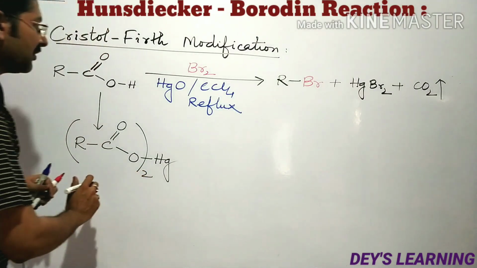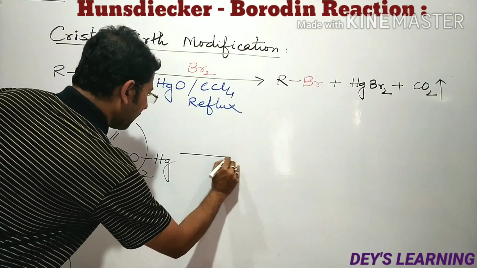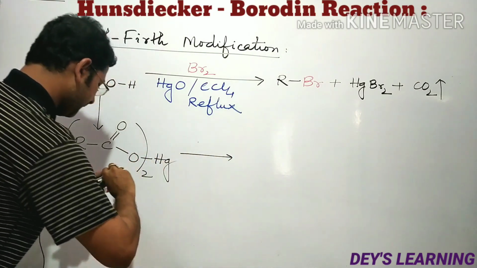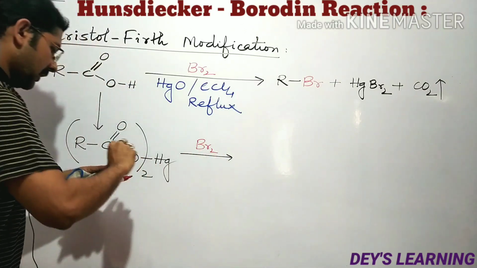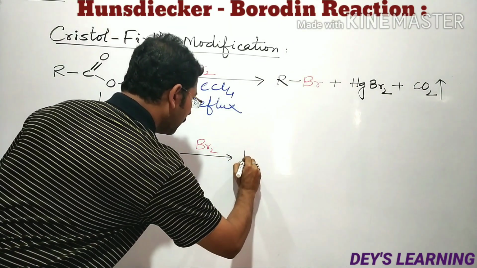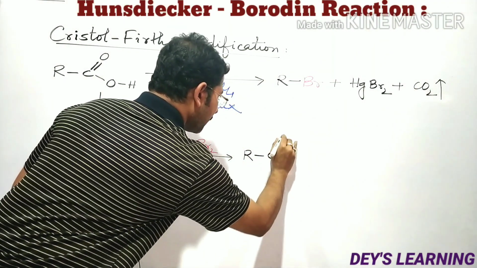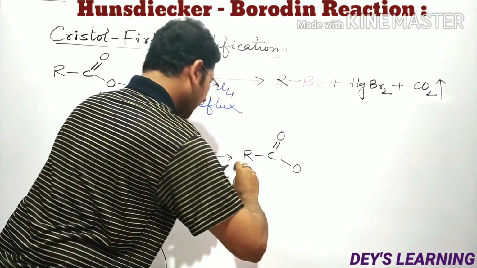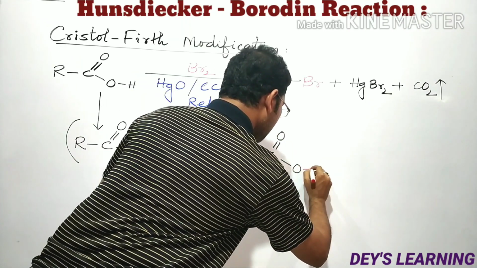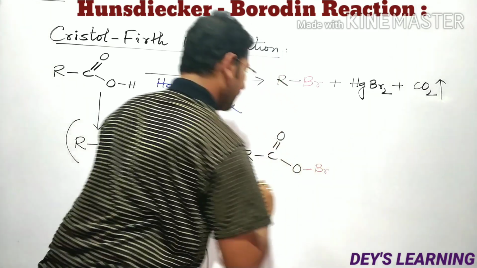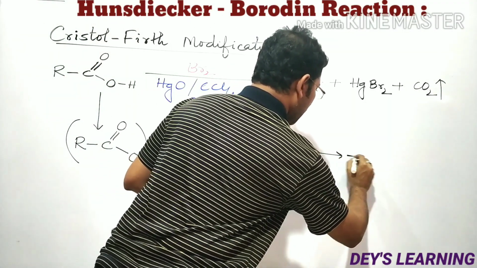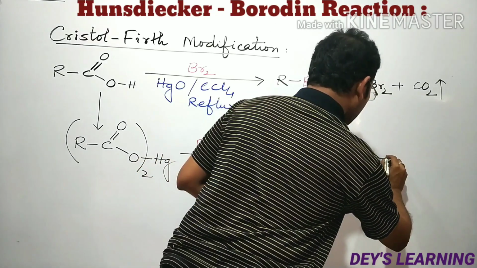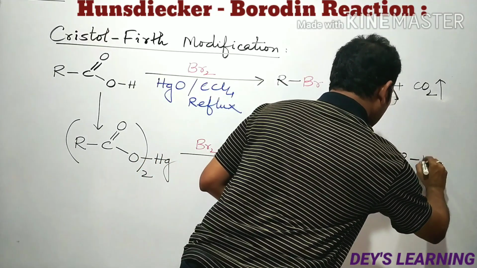And this mercuric acetate on treatment with bromine gives you RCOOBr, and obviously this one subsequently forms the product RBr.